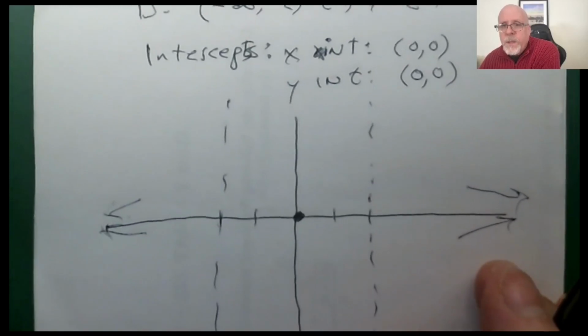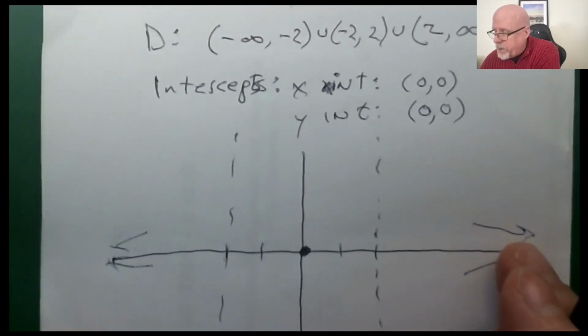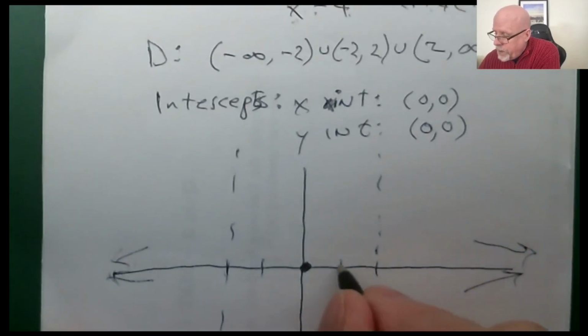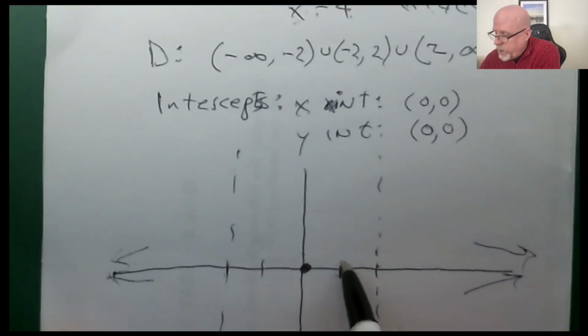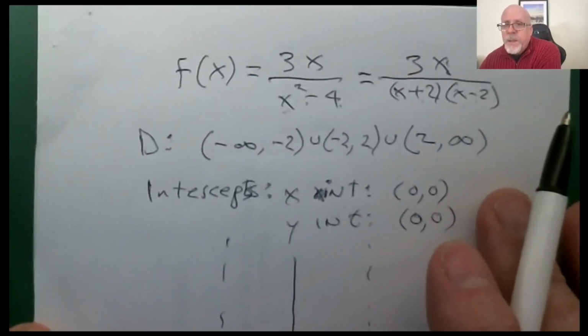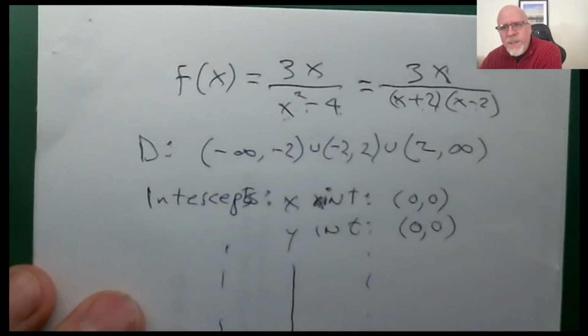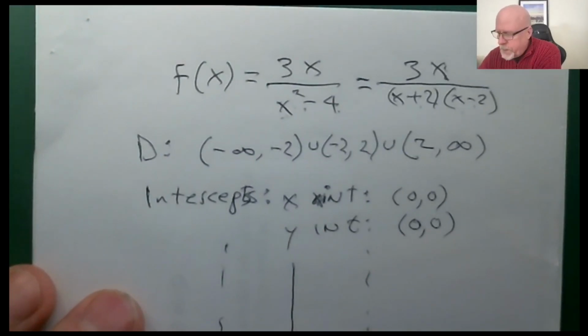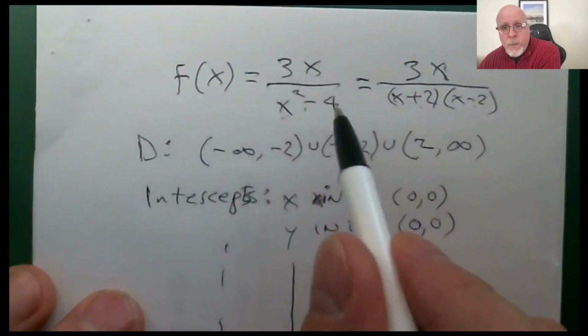All right, let's see if we can figure out the sign of the function at some places in here so we can work with that. Here's a nice one. In between the 0 and the vertical asymptote on the right-hand side, we've got a test point x equals 1 that's just begging to be used. And again, returning to our formula, we don't even need to figure out what the value is, just whether this is positive or negative. So is it positive? Well, the top is positive. It'll be 3 times 1.